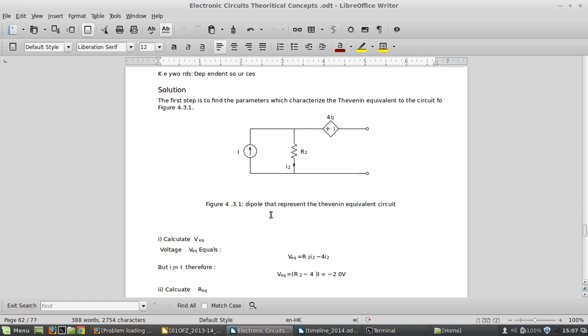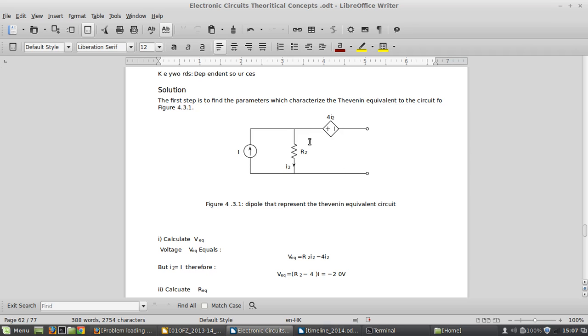So first, you have to find the Thevenin equivalent circuit, just making this an open circuit. The first step is to find the V equivalent. Look, an open circuit is created here. Then you try to find V equivalent, and how do you find it in this case?